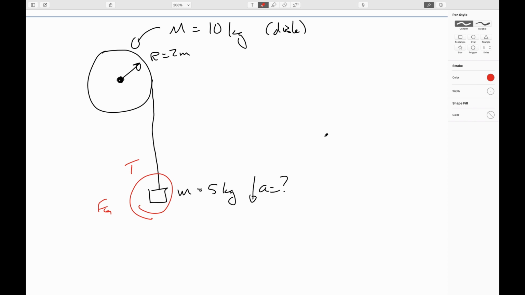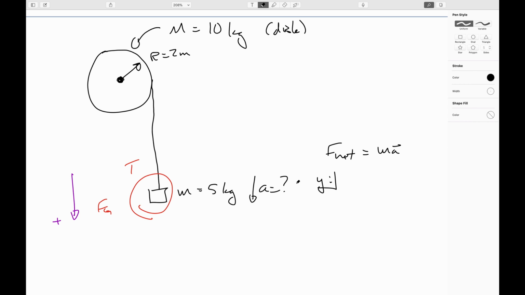All right. So we know that since it's accelerating downward, it's probably going to make more sense than anything to define down as positive for this. So we can write F net equals MA and take the y component of this.